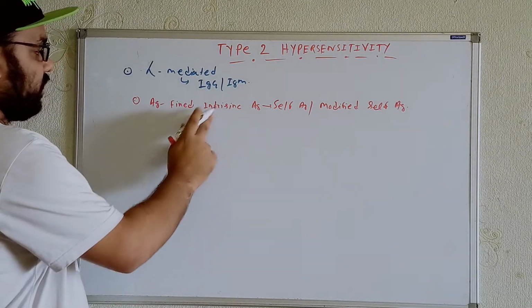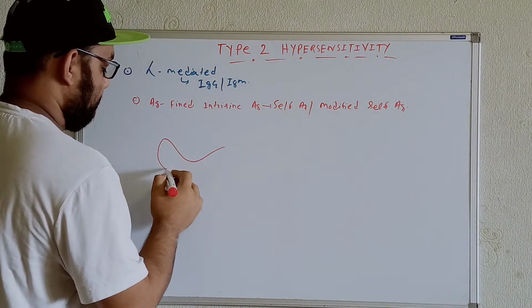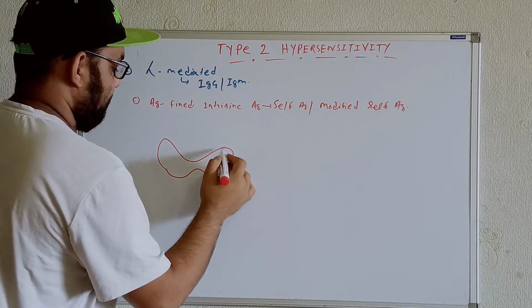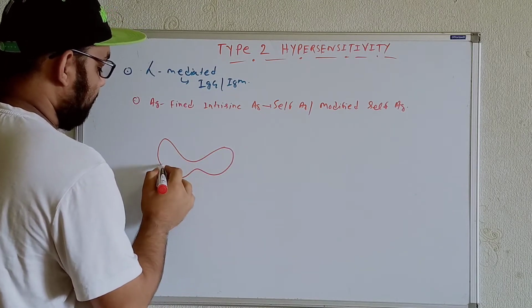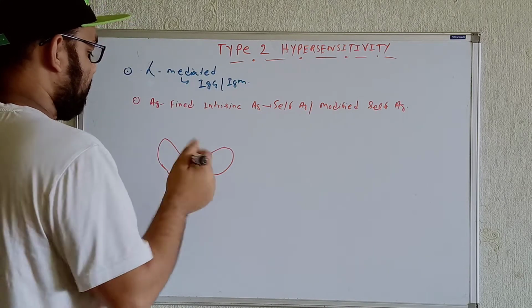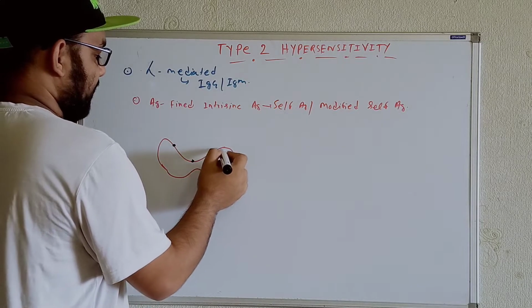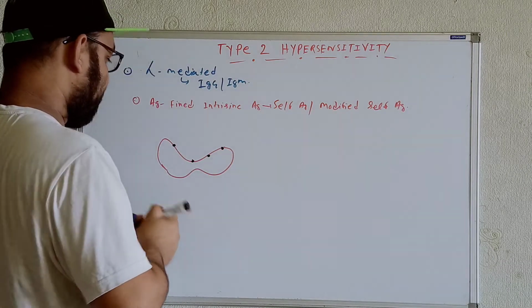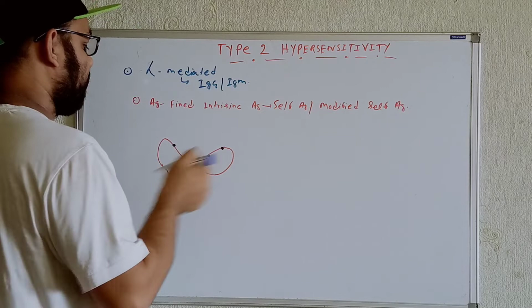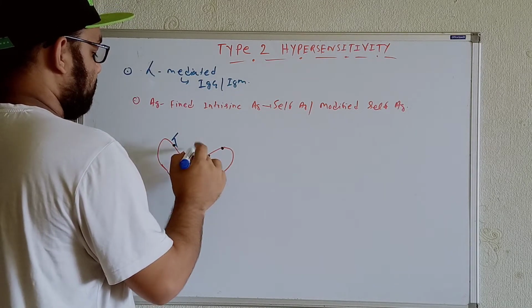For example, this is the RBC over here. On the surface of the RBC you can get antigens. These are the self antigens of the RBCs, against which we can sometimes make autoantibodies.